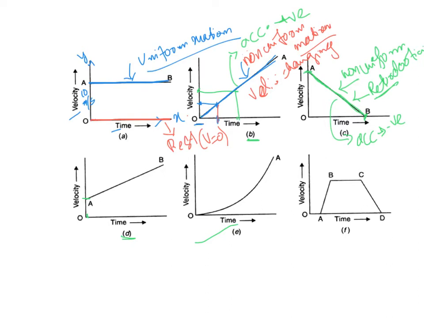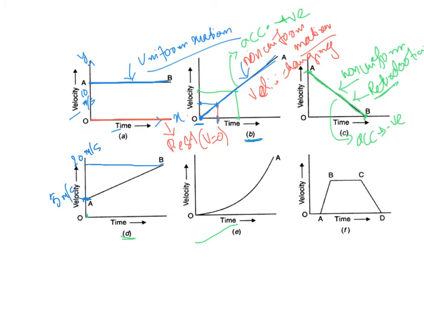Yeah, in graph B, the starting point, my velocity or my speed was 0. I started from rest. Here, my speed is not 0. Maybe this is 5 meter per second. Then slowly as time went, I have gone to maybe 20 meter per second. So my velocity is changing, but the initial velocity was not 0.